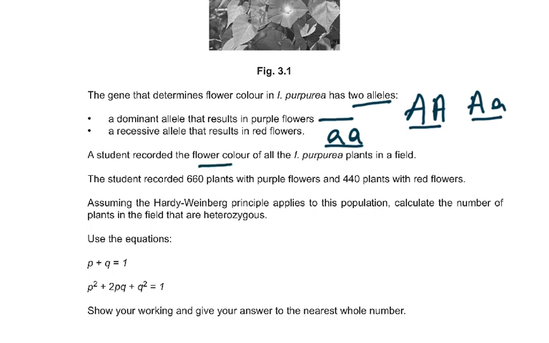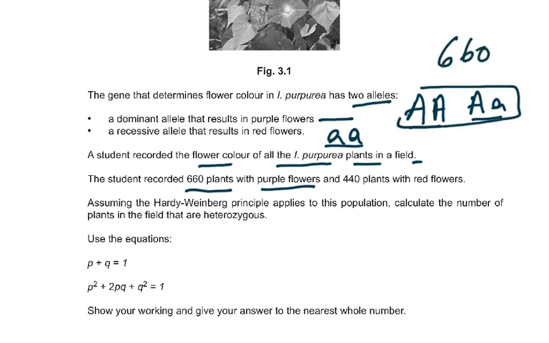A student recorded the flower color of all the plants in a field. The student recorded 660 plants with purple flowers and 440 with red flowers. So what is the total? 660 plus 440 is 1100.